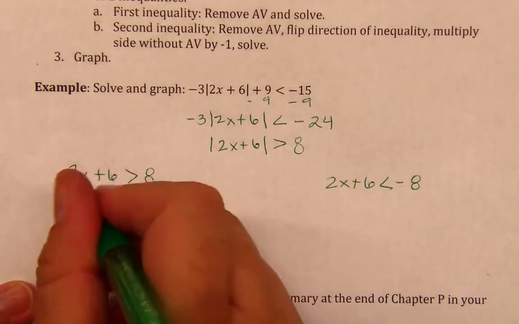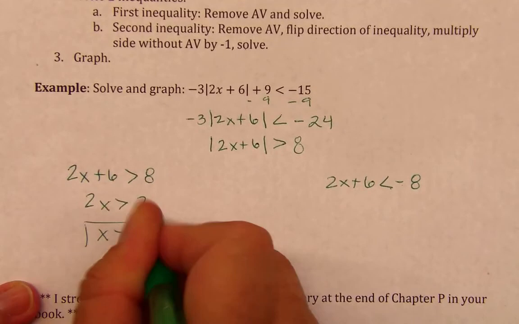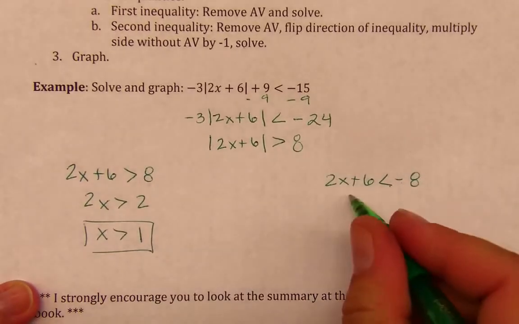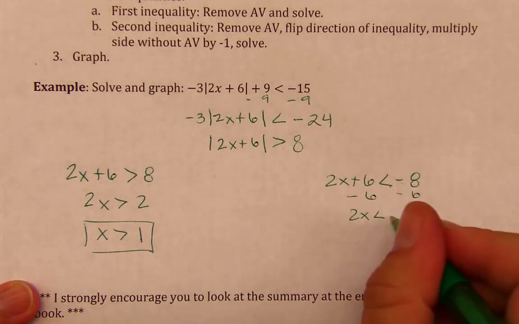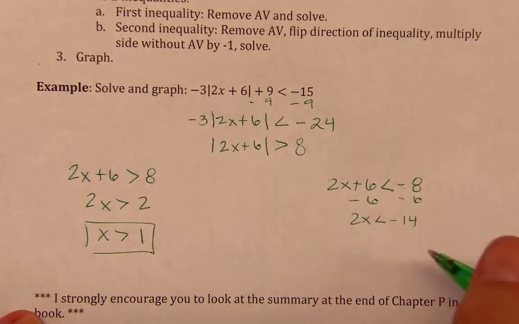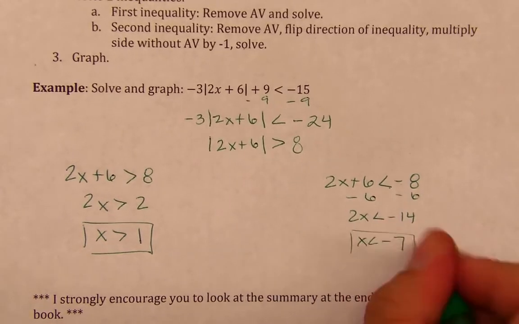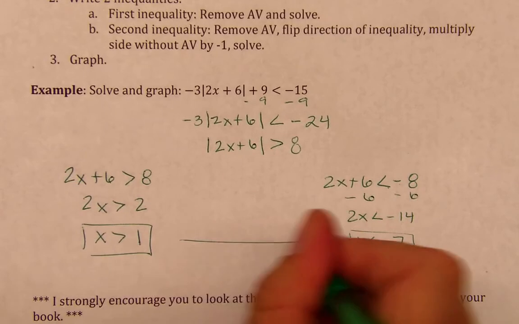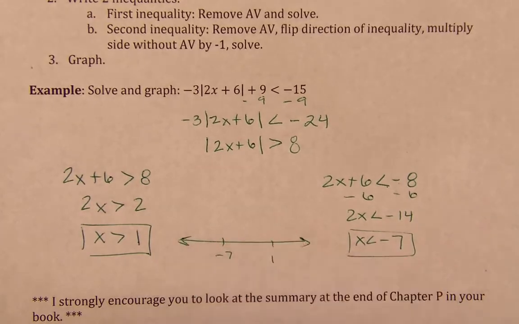So subtracting 6, we get 2x is greater than 2, so x is greater than 1. And then subtracting 6, we have 2x is less than negative 14. And then dividing, x is less than negative 7. And now graphing this, we have negative 7 and 1.